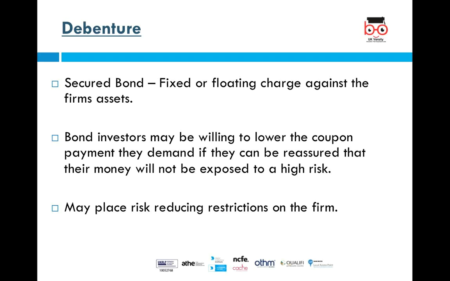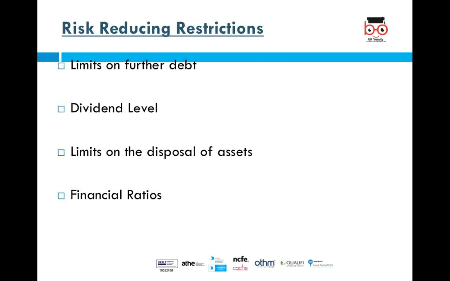Bond investors may be willing to accept a lower coupon payment if they can be reassured that their money will not be exposed to a high risk. The debenture can place risk-reducing restrictions on the firm. So those are the different types of secured bond, with a fixed and floating charge against the firm's assets.